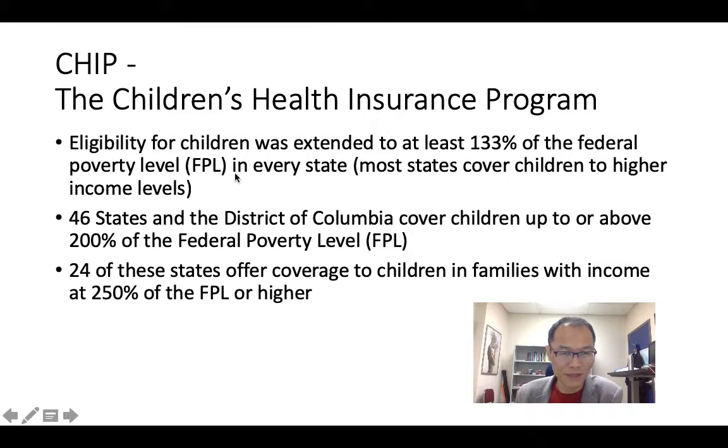So that's why there's expansion on the federal level that says eligibility for children must be extended to at least 133% of the federal poverty line in every state. So this does not mean the adult who lives in the same household with the same household income will also get covered. It only covers children.